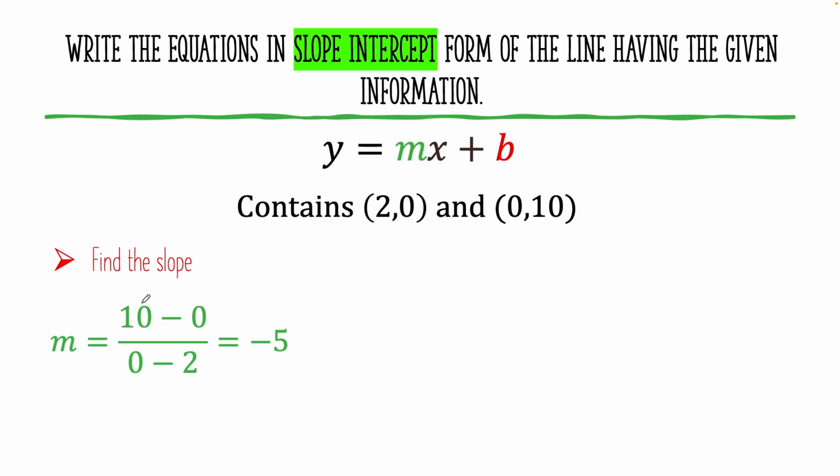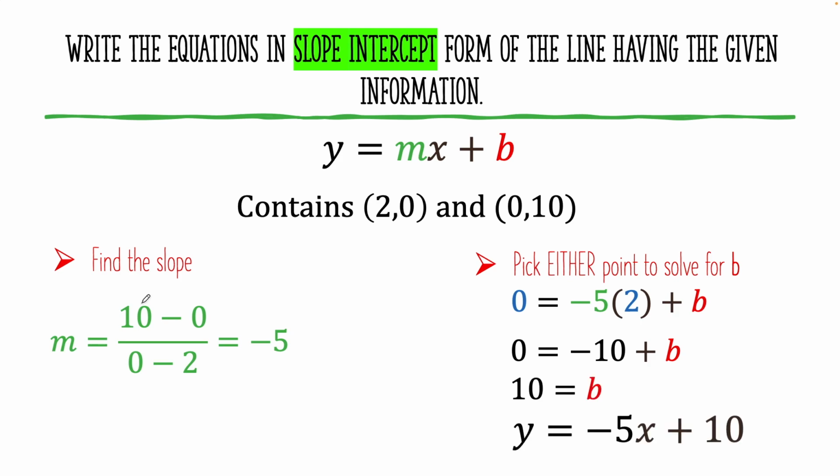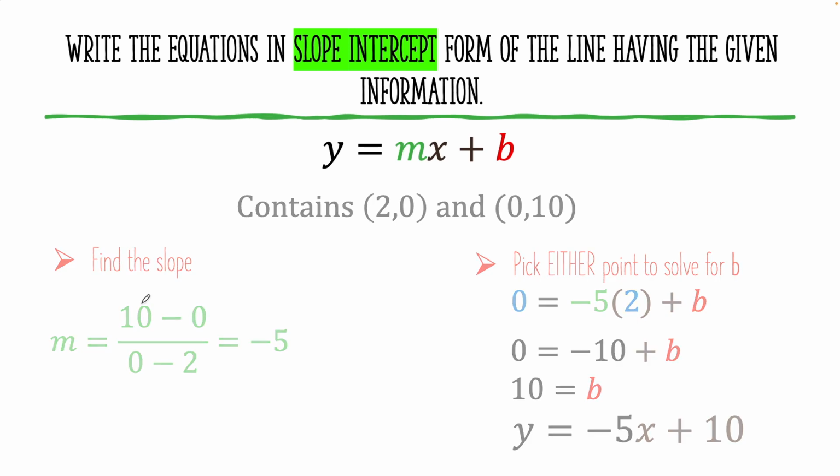And then you can pick either point to solve for b. Doesn't matter which point you pick. So I picked (2, 0). I put the 0 in for the y value, the 2 in for the x value, and I know the slope is -5, and then solve for b. And there I have my slope-intercept form, y equals -5x plus 10.